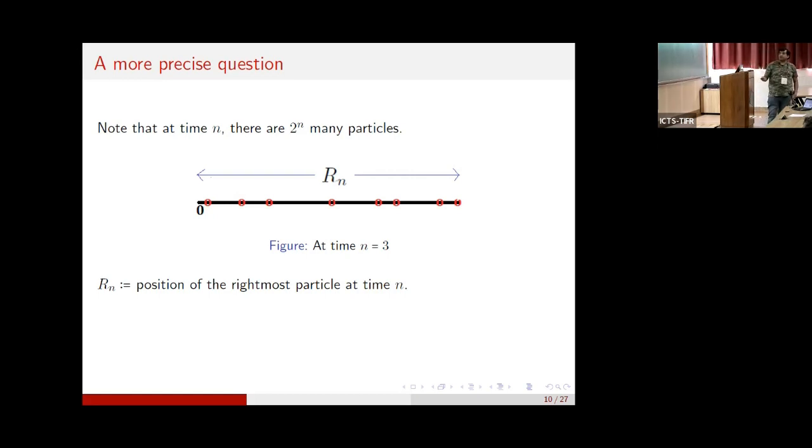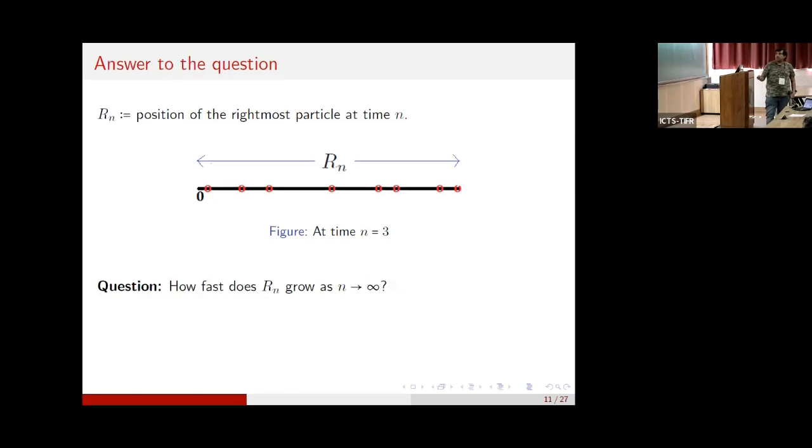The question is, how fast does Rn grow as n goes to infinity? As you can guess, the particles are spreading, so of course there will be a growth of the system. The question is at what scale does it grow as n becomes larger and larger?